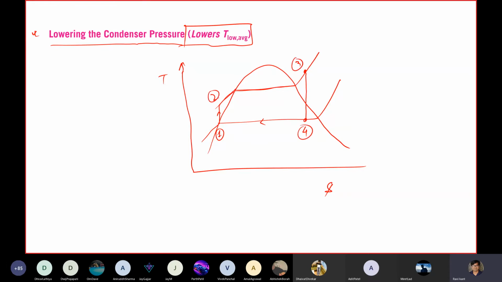Now you have lowered your condenser pressure. So this is higher, this is lower. At some lower pressure, I don't want to quantify it right now, but there is some lower temperature. So now your cycle starts from 1 dash.